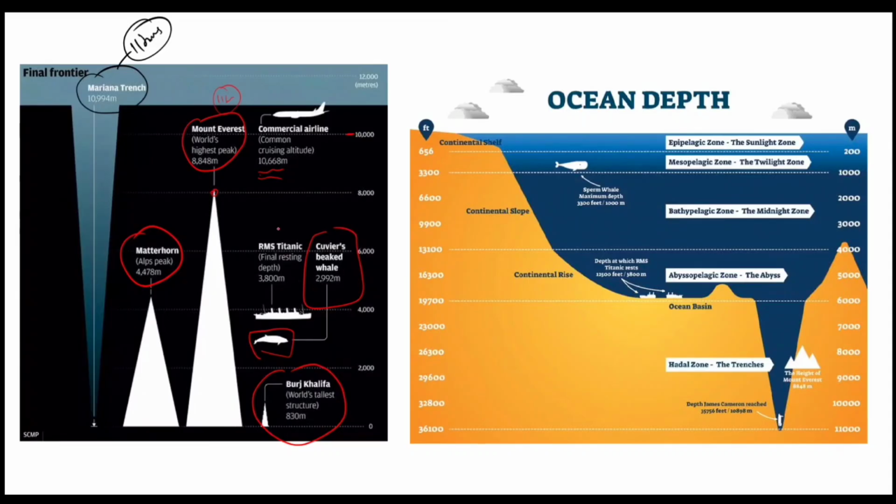And this is the RMS Titanic shipwreck, which is lying at the bottom of the Atlantic Ocean at about 4100 meters. All these examples are shown for reference purpose because they are well-known examples to compare with that of the oceans.